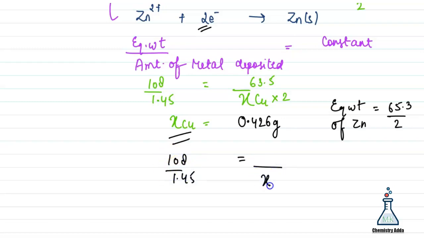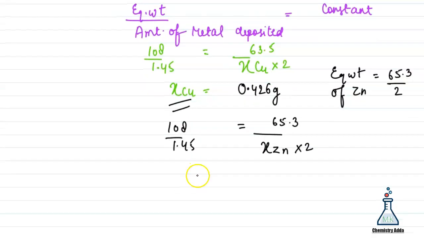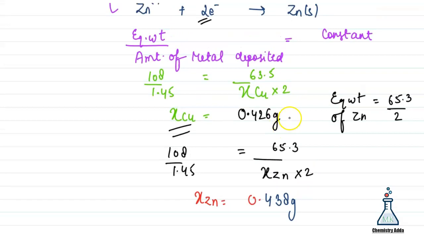This time our X will be X zinc, and in the numerator will be the molecular mass of zinc upon 2, which is the equivalent weight. When we do the calculation, we get the amount of zinc deposited to be 0.438 gram. So these are our two answers: the amount of copper comes out to be 0.426 gram, and the amount of zinc comes out to be 0.438 gram.